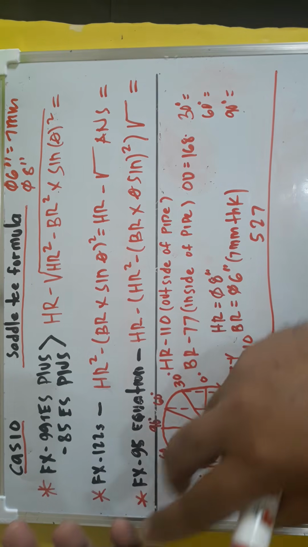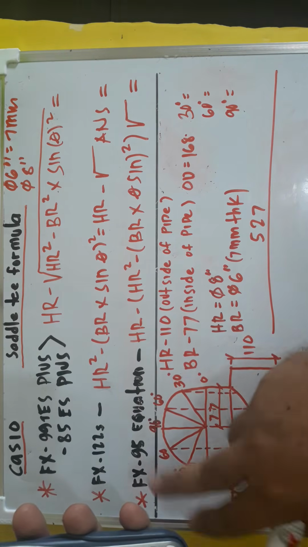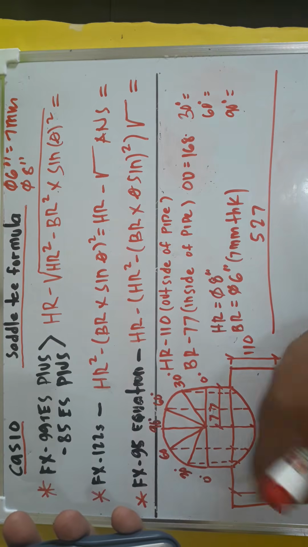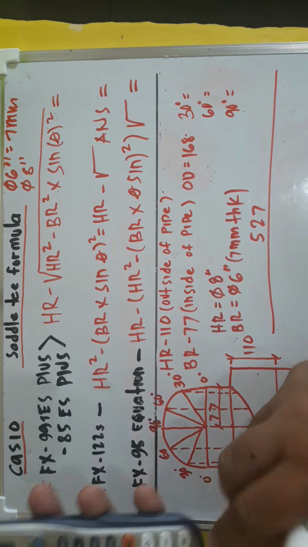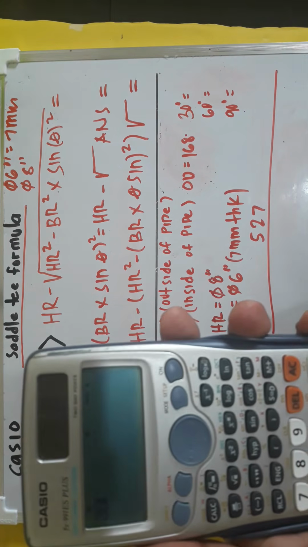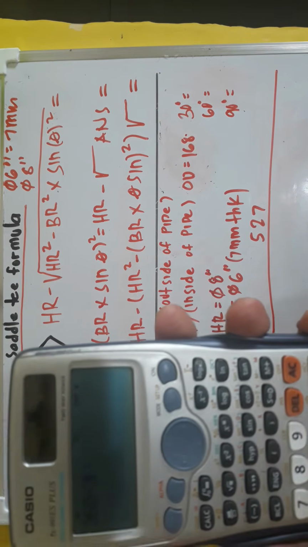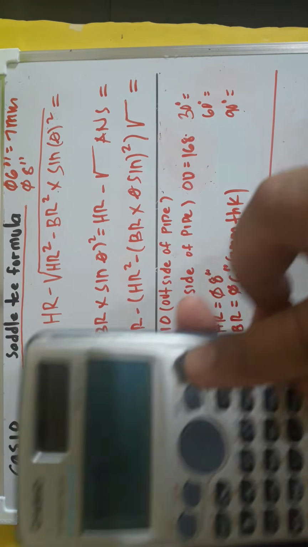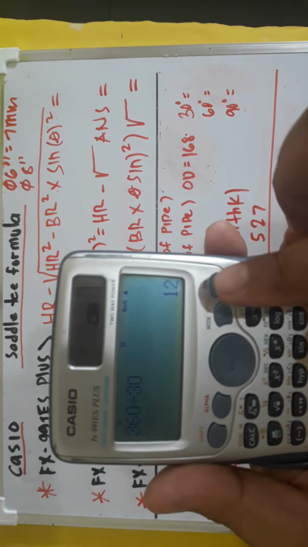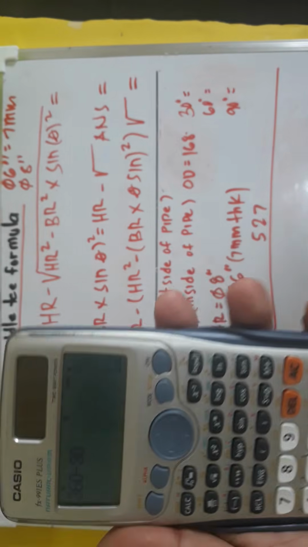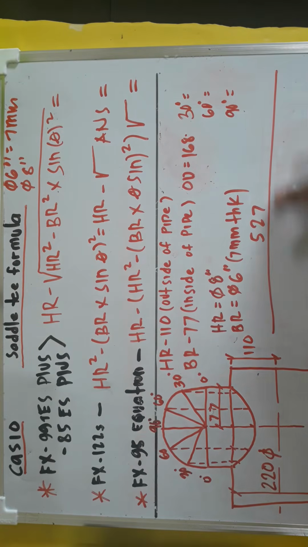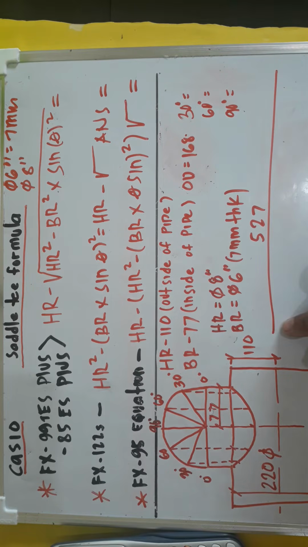So your 360 degrees, a whole circle, you divide it into 30 degrees. So 360 degrees divided by 30, you come up with the answer of 12. So this circumference, or this 527, you divide it into 12.